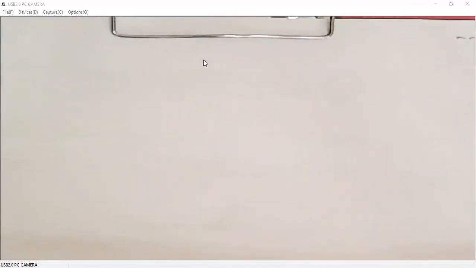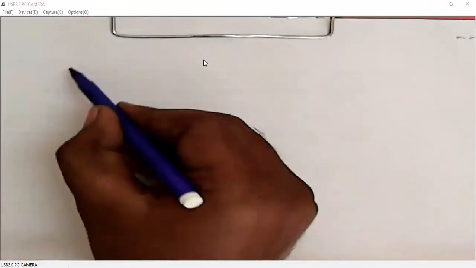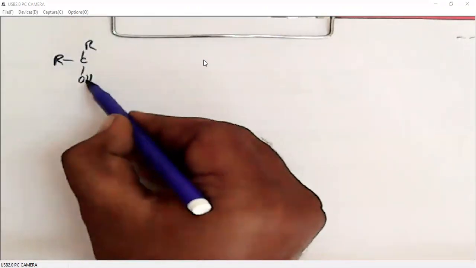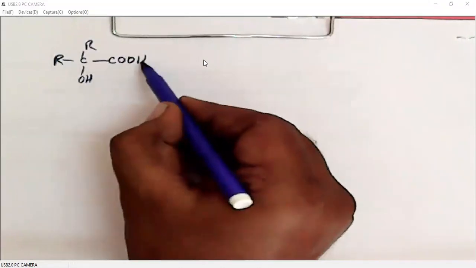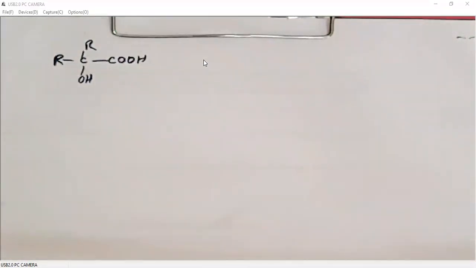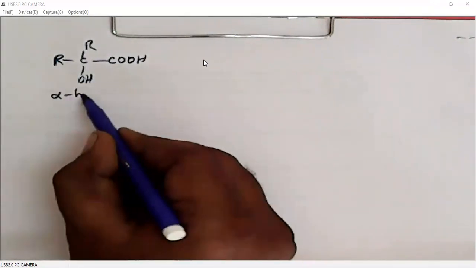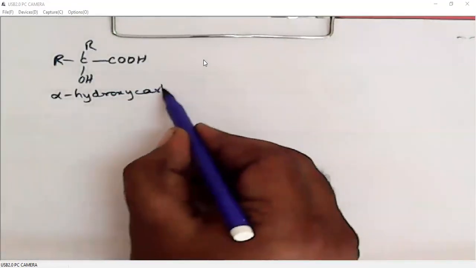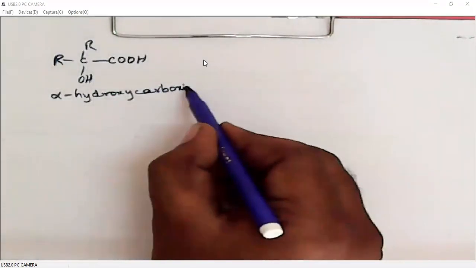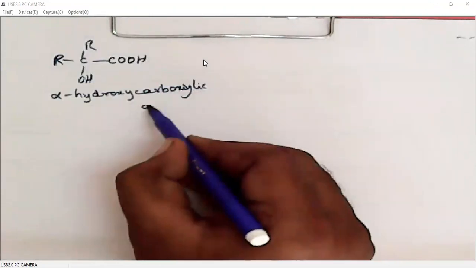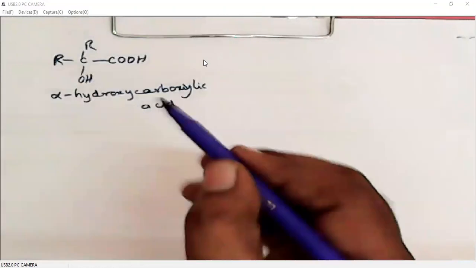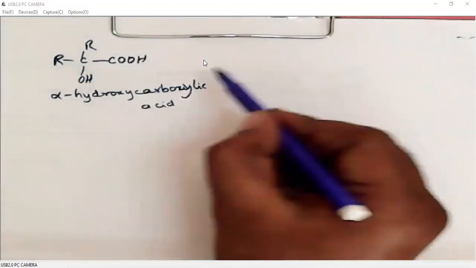We are discussing the LTA oxidations. LTA can also be used to generate ketones from alpha hydroxy carboxylic acids. So this is the alpha carbon to the carboxylic acid, so an alpha hydroxy carboxylic acid.